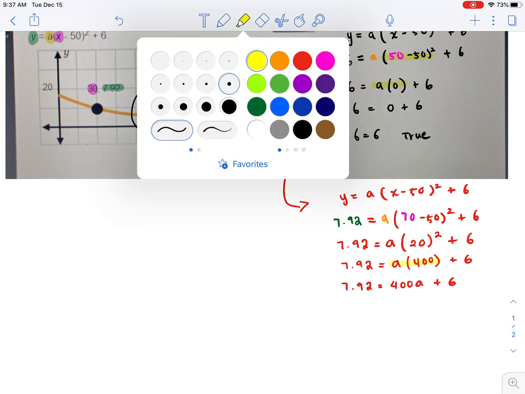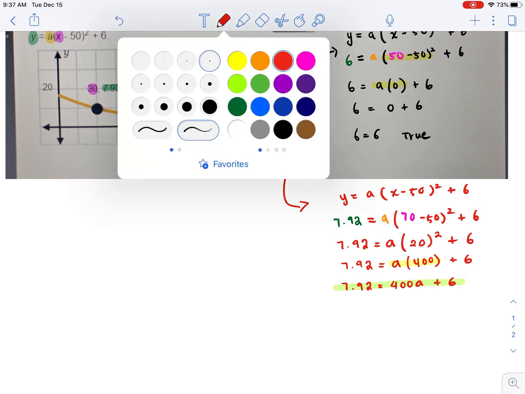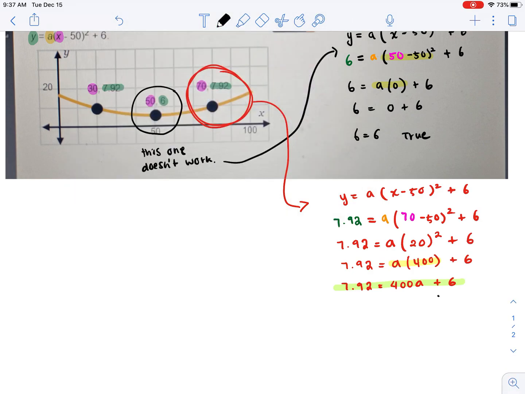So we're at a good place. If you look at this equation right now, our goal is to solve for a, so we're going to isolate a. Here I'm going to subtract 6 from both sides. 1.92 is equal to 400a. You'll notice that the 400 and a are connected by multiplication.